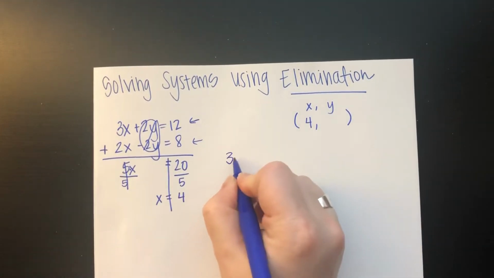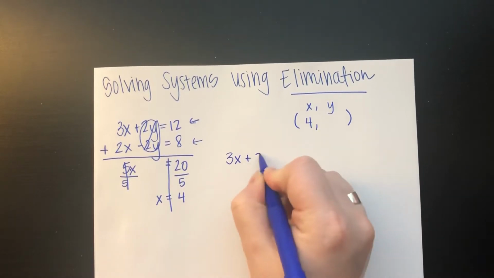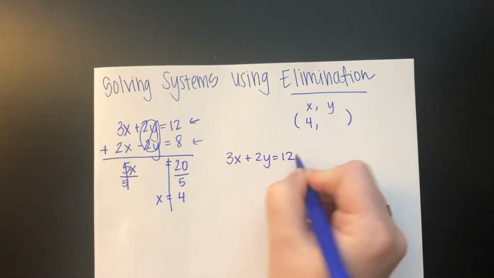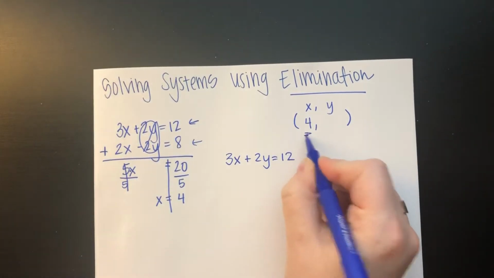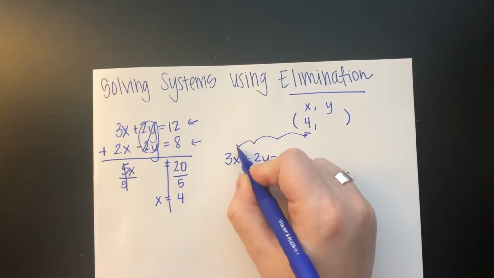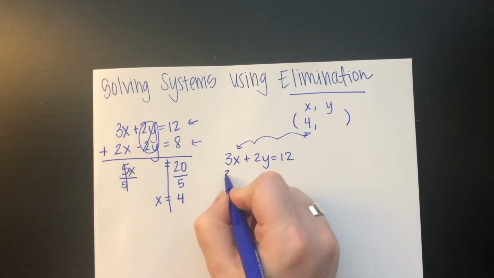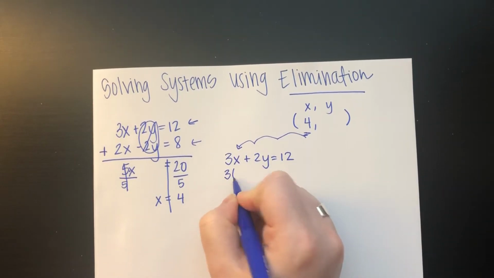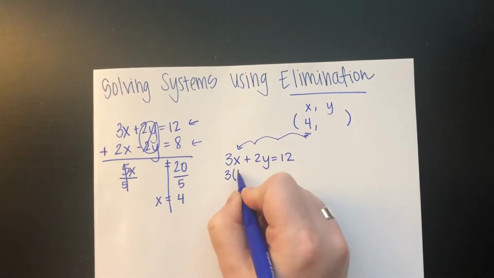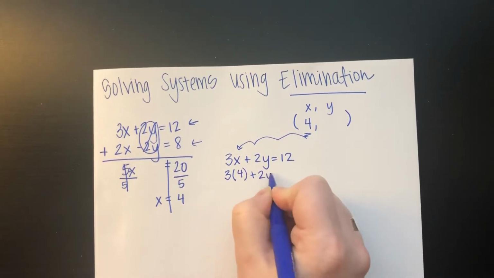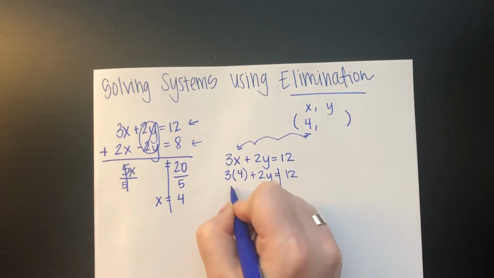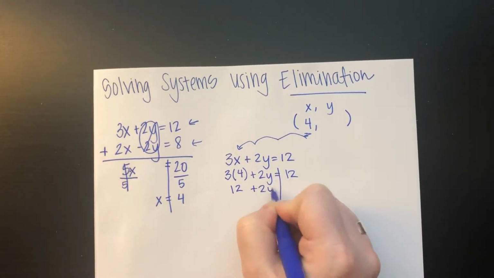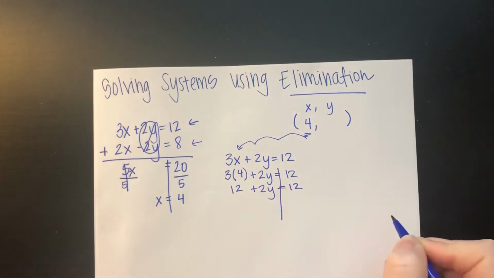So we have 3x plus 2y equals 12. But hold up, we know right now that x is 4. So I'm going to plug that in right there. So we're going to say 3 parentheses 4 plus 2y equals 12. 3 times 4 is 12 plus 2y equals 12.